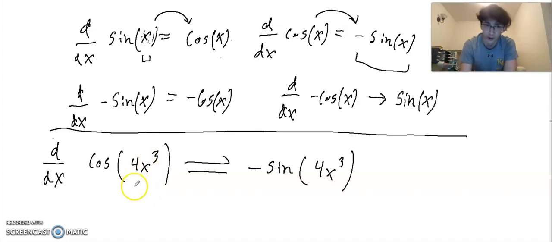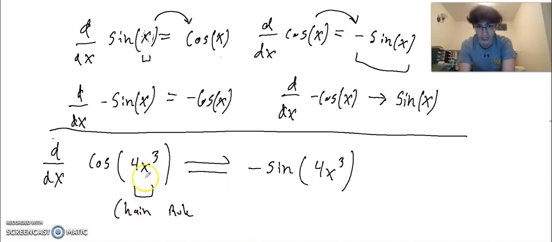And then we also need to do chain rule, where we multiply by the derivative of the inside. So let's do that. We have our 4x cubed, and we're going to multiply out in front and subtract 1 power. So we get 3 times 4 times x to the 3 minus 1 equals 12x squared.